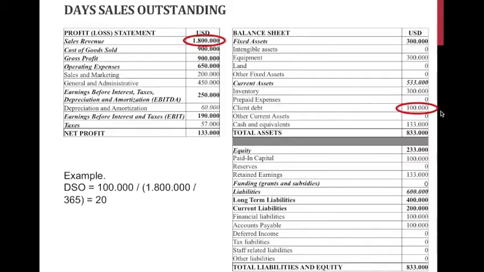We take client debt of 100,000, divide it by sales revenue, and multiply by 365. In our example, we see that it takes 20 days to collect money from our clients. So in general, it is quite an acceptable value.